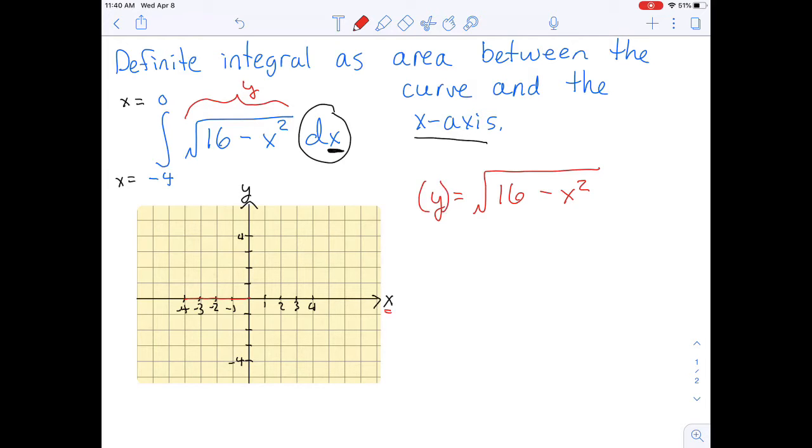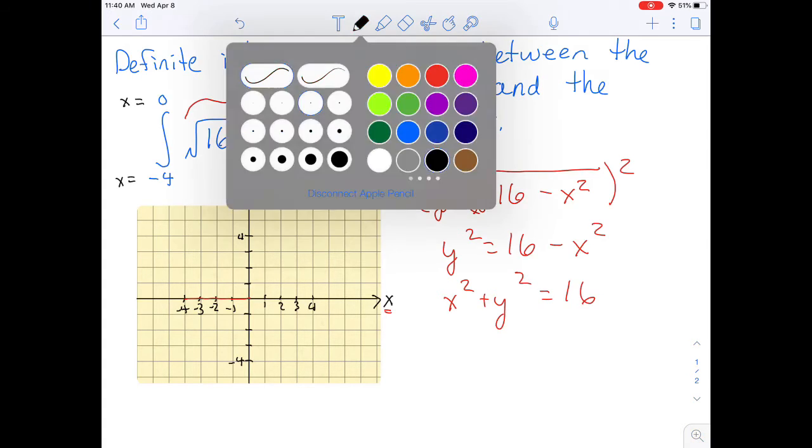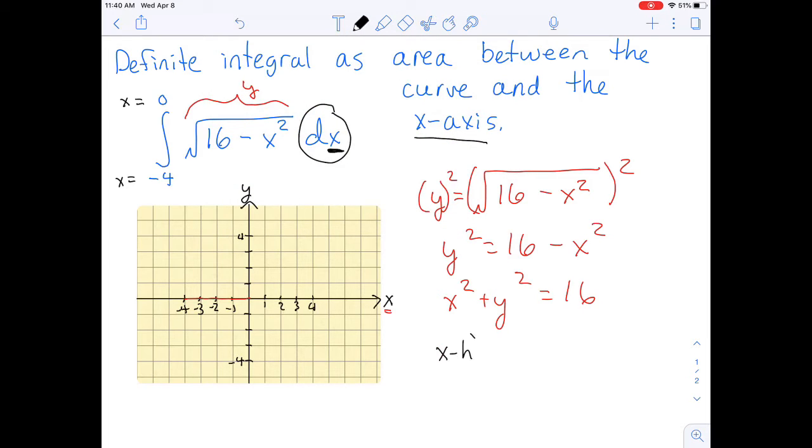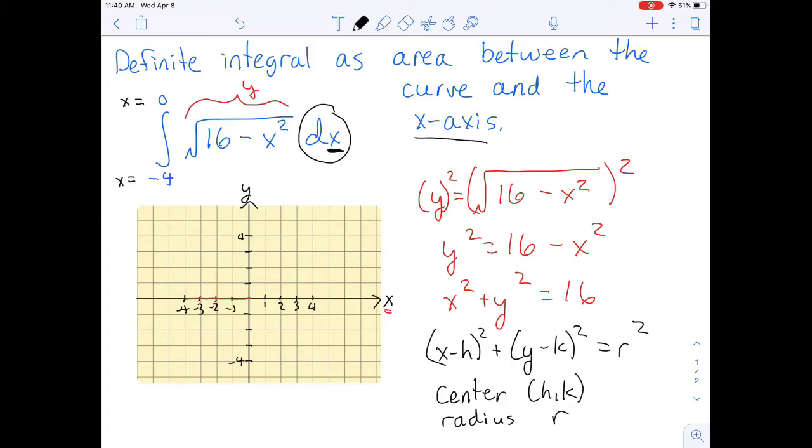So I'm going to square both sides, and I'll end up with y squared equals 16 minus x squared, rearranging, x squared plus y squared equals 16. Now, I can recall here that the standard form of a circle, (x minus h) squared plus (y minus k) squared equals r squared, where the center is (h, k) and the radius is just r.